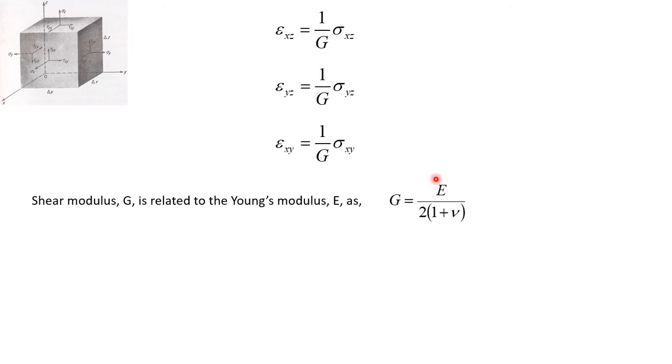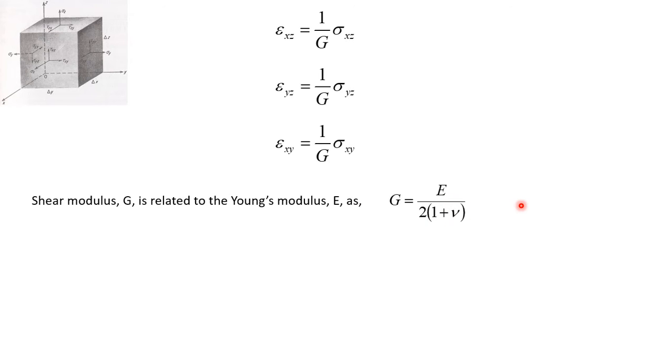And we can also write the shear stress or shear strain by using shear modulus. So again, shear modulus is also the same in all directions. And also we can interrelate shear modulus with the Young's modulus E by this relation using Poisson's ratio here.